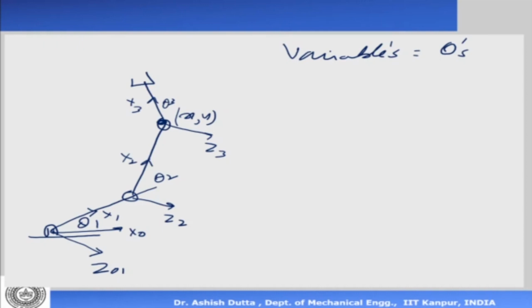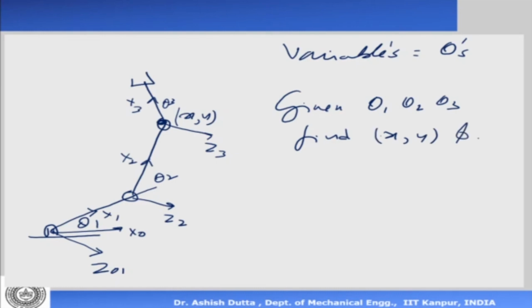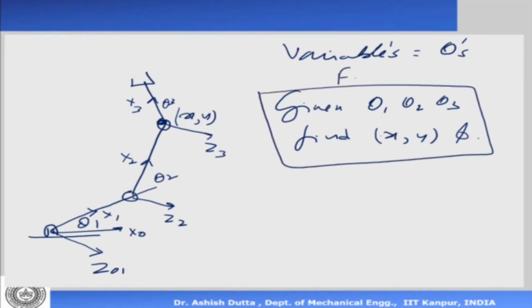That is, given theta 1, theta 2, theta 3, find xy and phi. Phi is the total rotation of the third axis. Okay, so this is one, and this is basically what we say is the forward kinematics.